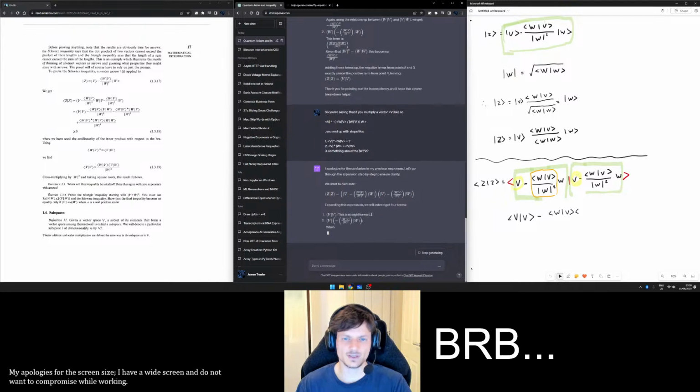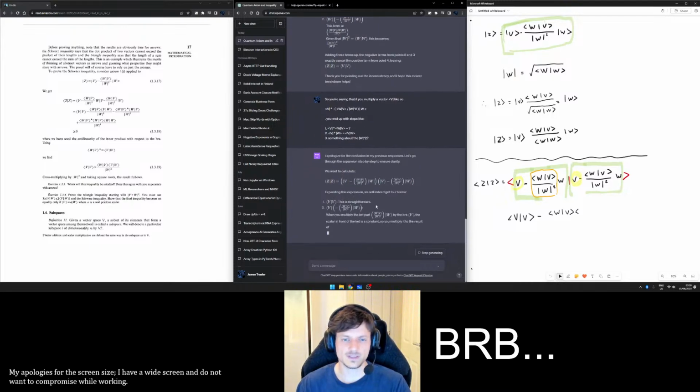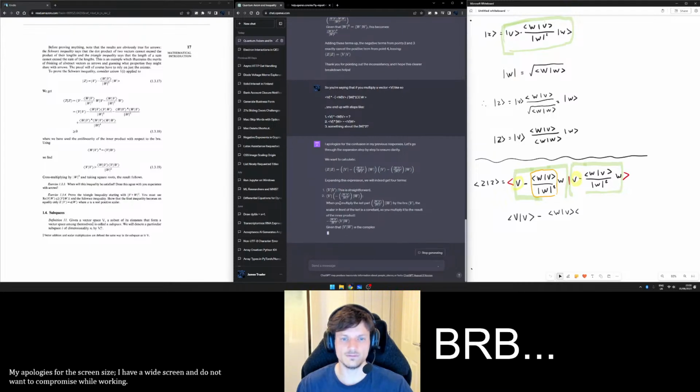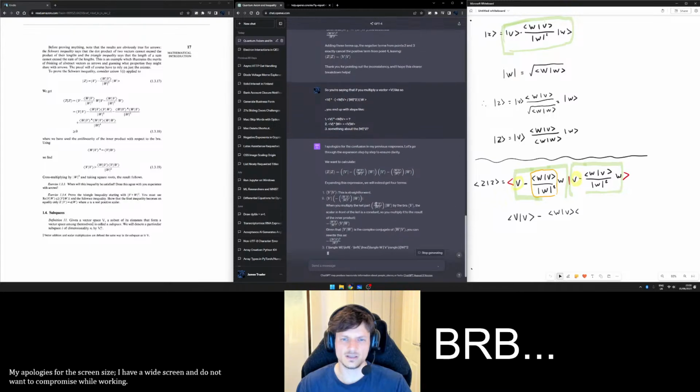Yes, expanding this expression we will indeed get 4 terms. So V, this is straightforward, yep. V, that, when you multiply the ket part, WV, by the bra V, the scalar in front of the ket is a constant. So you can multiply it to the result of the inner product.